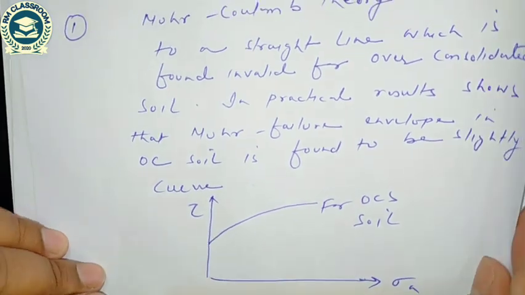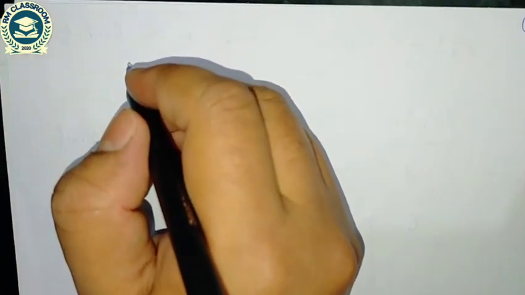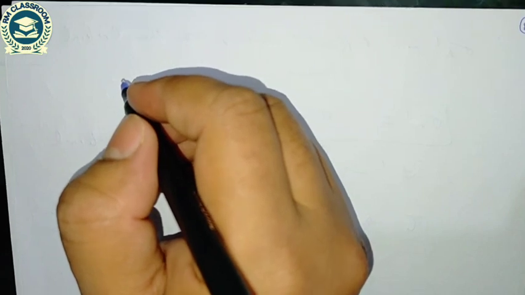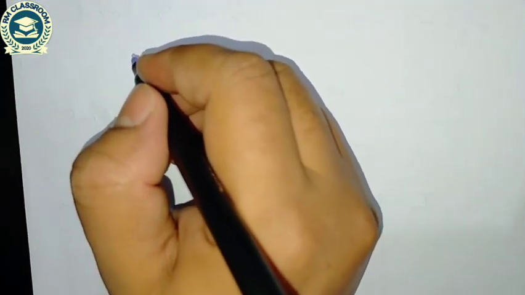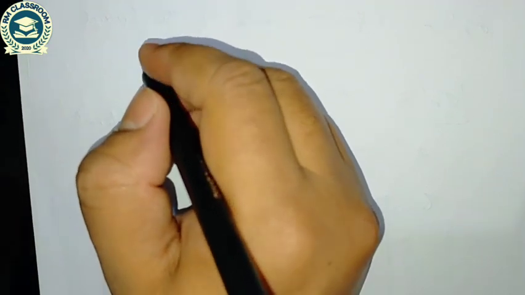The second limitation of Mohr-Coulomb is that the analysis is in 2D only, we are considering major principal stress and minor principal stress, but in actual stress conditions in soil, in 3D, the intermediate stress also acts on the soil.